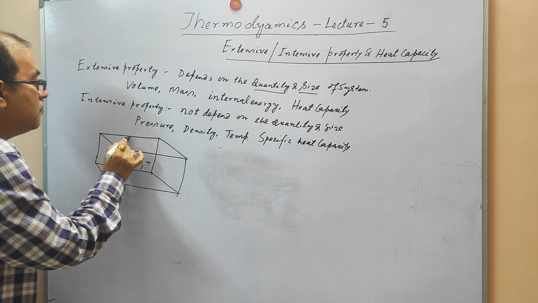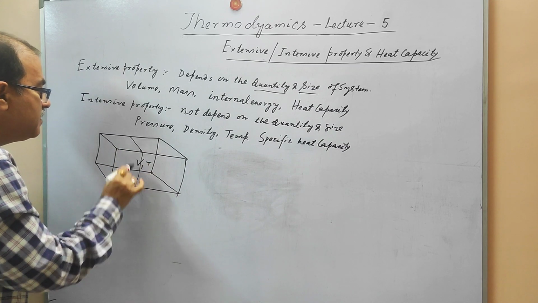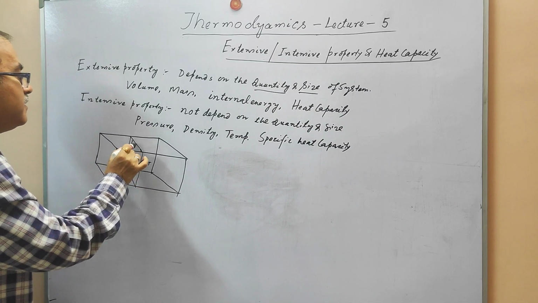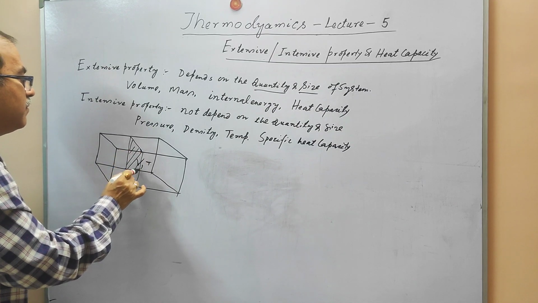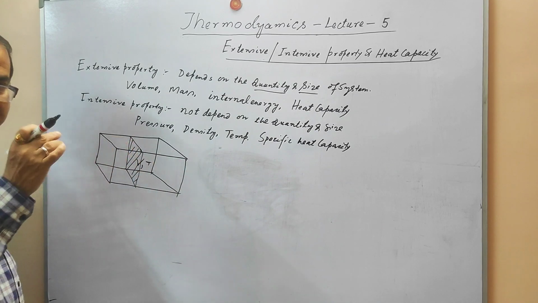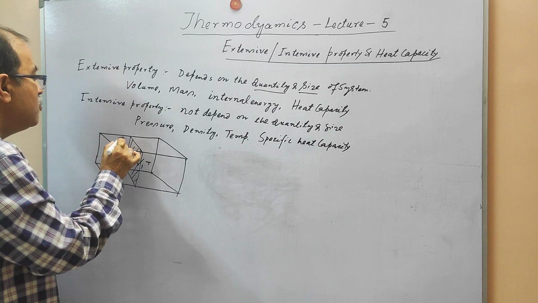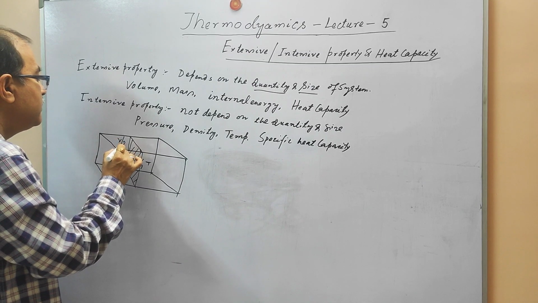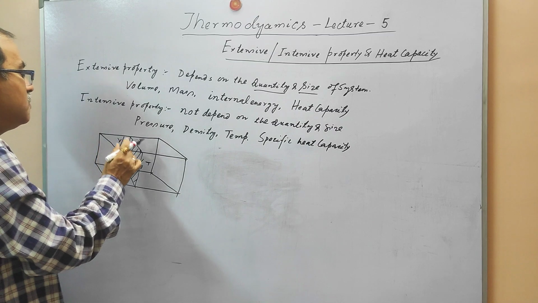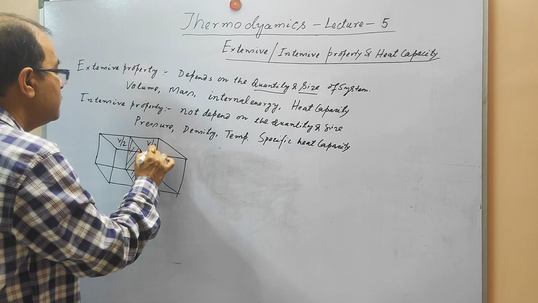Suppose we divide this container by a divider in this fashion. This is the divider basically, and in this division we will find that both parts are equally divided. At that time what we see, the volume of the gas in the container becomes halved, that is one half having V by 2 and the other half having V by 2.